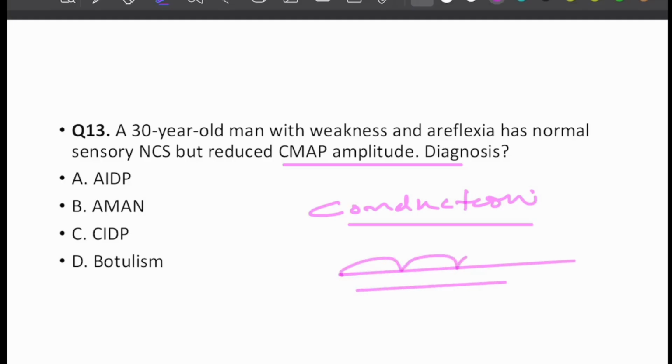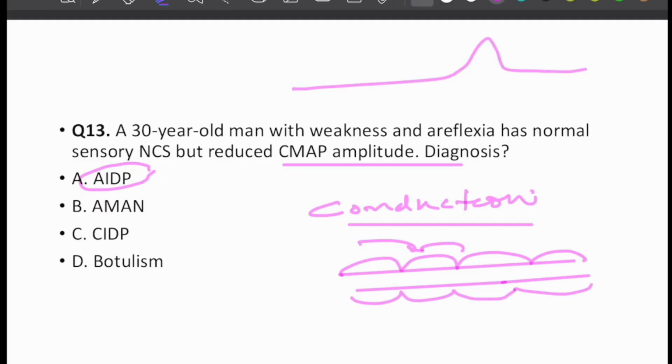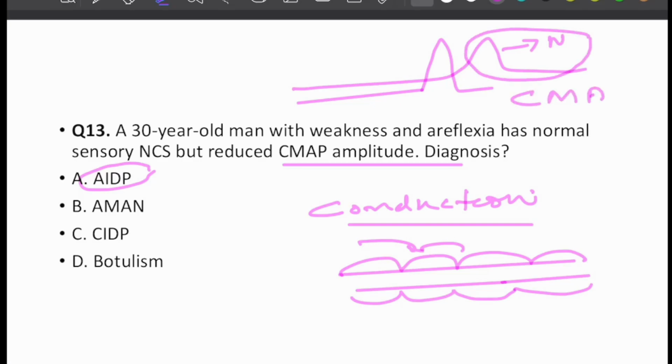In any demyelination, because of saltatory conduction at the nodes, in AIDP you get a decrease in the conduction velocity, but the compound muscle action potential is fairly normal. So there will be delay in conduction, which will produce a delayed compound muscle action potential.